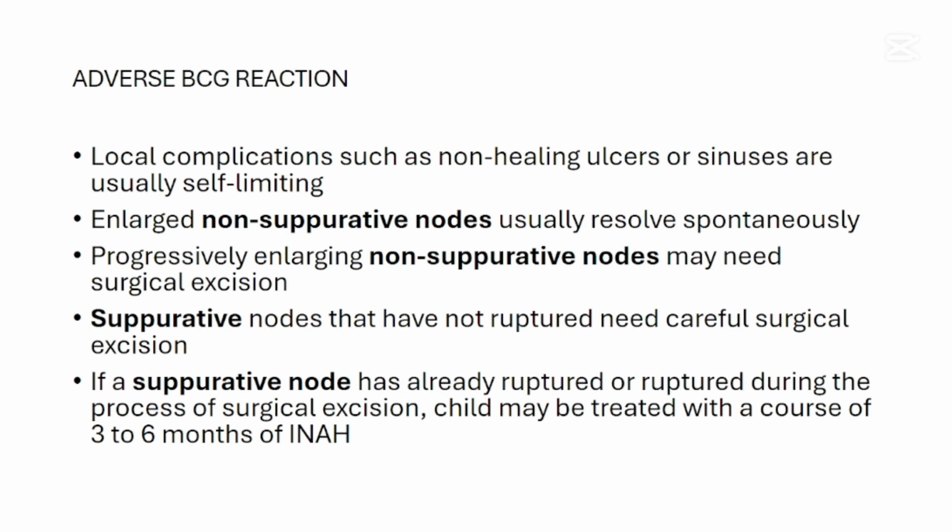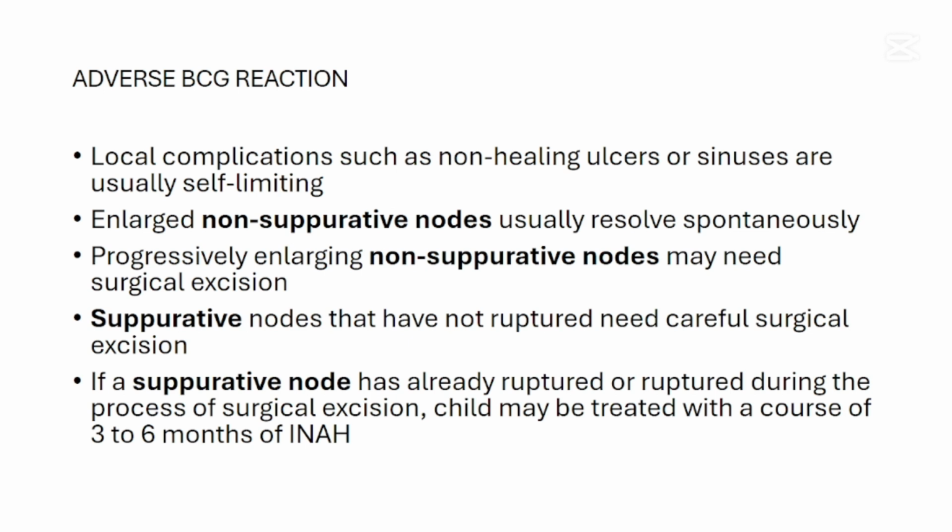And if the BCG adenitis is non-suppurative, we have to wait until it settles. And if the lymph node is gradually increasing in size, we can surgically excise it. If the lymph node is suppurative, there are two schools of thought. According to our guidelines, we should do the excision biopsy first.